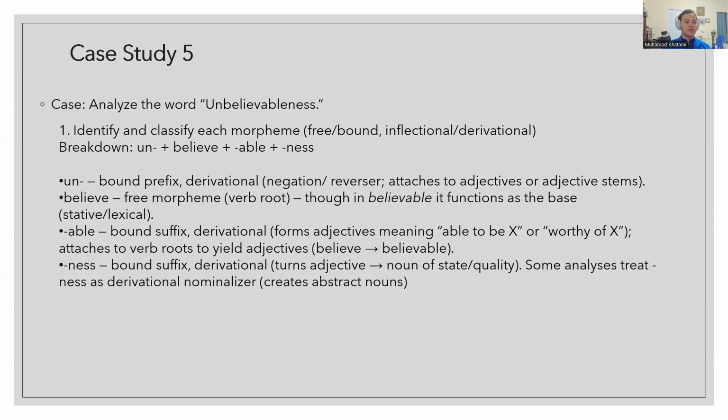So with the breakdown of the word into un, belief, able, and ness: the bound prefix un is derivational, and it is a negation or reversal attached to adjectives or adjective stems. And the root word belief is a free morpheme, or it is a verb root.